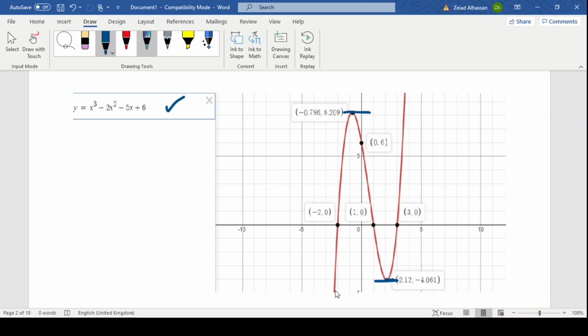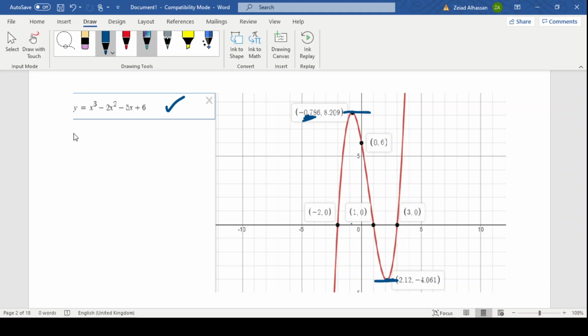As you can see, it's increasing on the left hand side of x equals negative 0.786. Then between this value of x, negative 0.786, and this value of x, 2.12, the function is decreasing, and then it's again increasing.